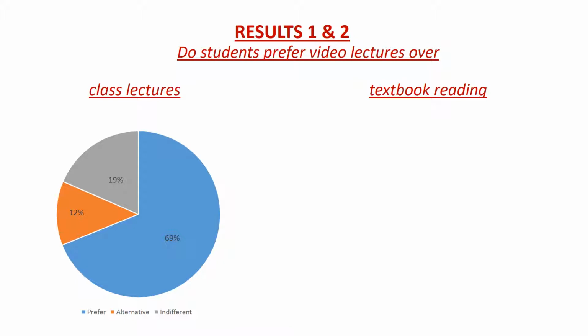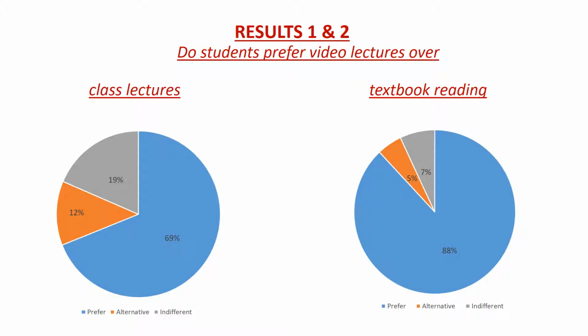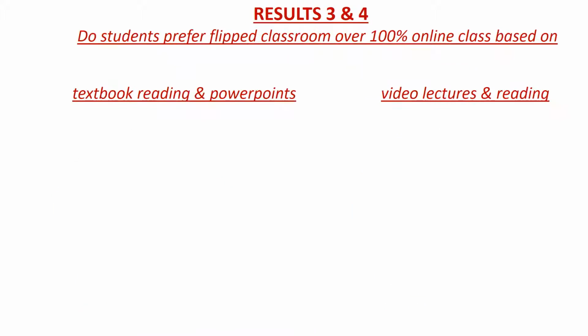And the gray color represents indifference on the parts of students. And so here we see that video lectures are preferred 69% of the times over the classroom lectures. What about video lectures over textbook reading? And we find 88% of the students prefer video lectures over textbook reading.